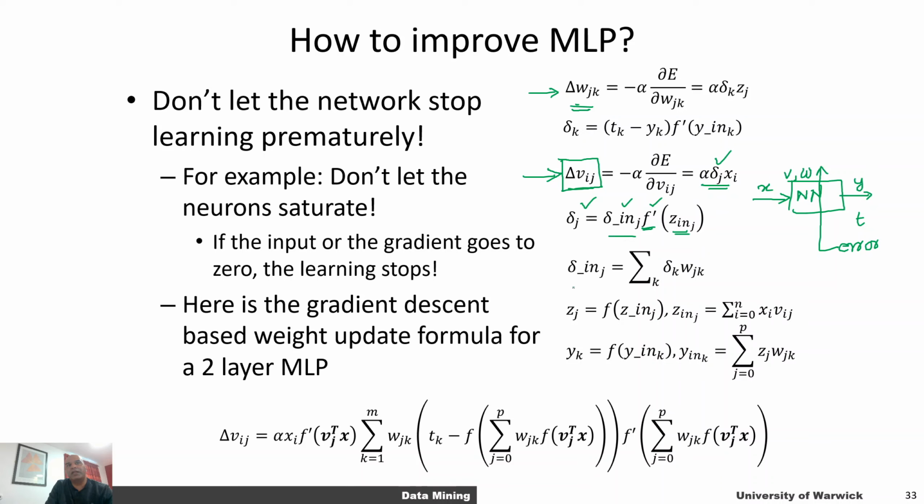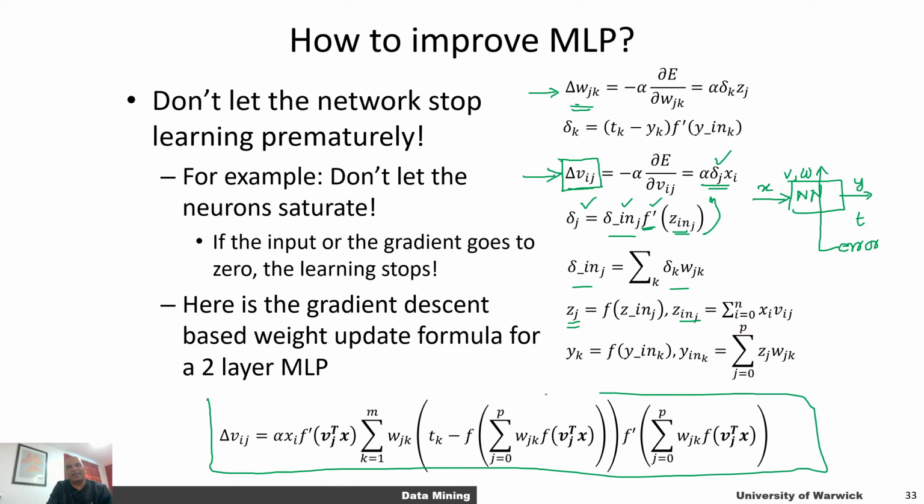And we know that delta nj has this expression, and then we had this zj, which can be expressed like this. If we plug everything back into this equation over here, then we get this nasty looking expression. It looks really complex, right?